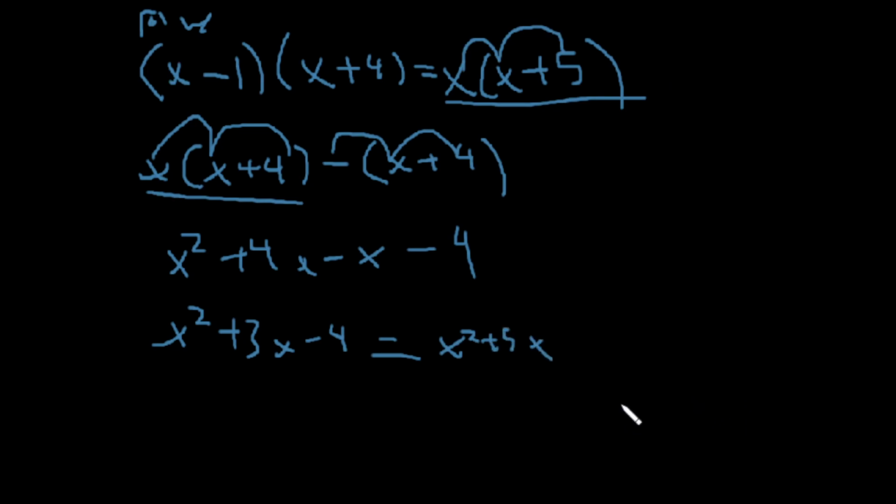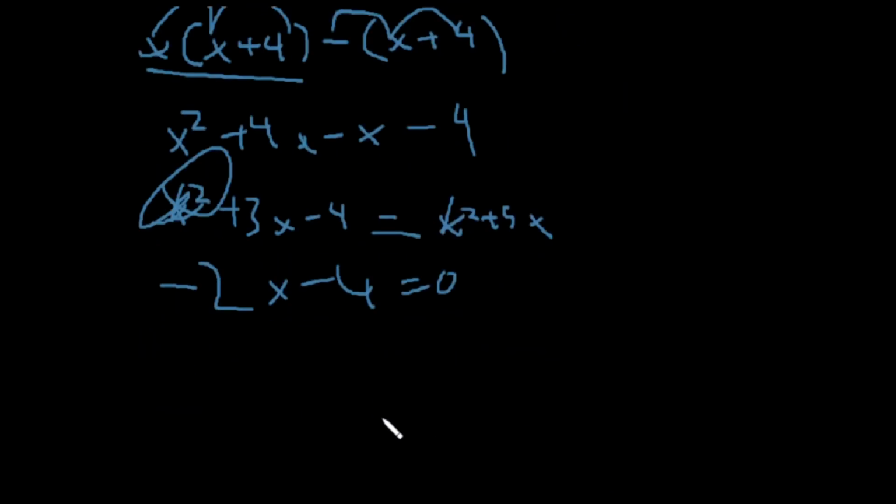So, to find x, the easiest way is to just set this equation to 0. So by doing that, you just subtract x squared and 5x onto this side. x squared minus x squared is just 0. 3x minus 5x is negative 2x minus 4, and that's equal to 0.